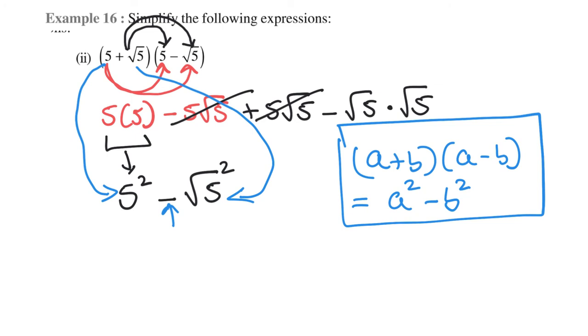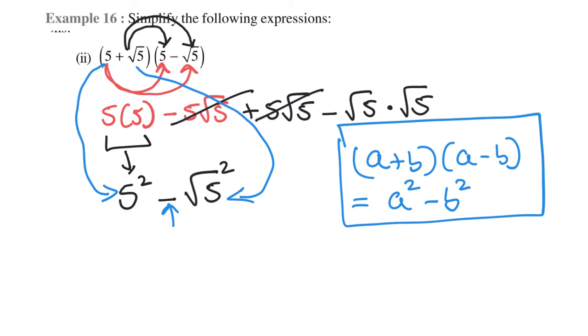So anything in the form a plus b times a minus b will be a squared minus b squared. Look at this. 5 plus root 5 times 5 minus root 5 is going to be in the form 5 squared minus root 5 squared.